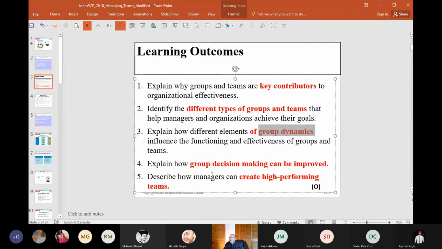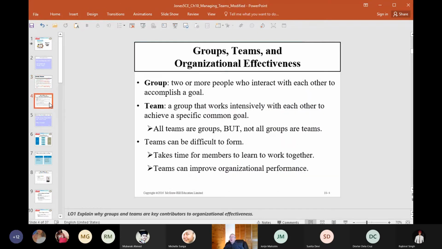Group decision making, how can we improve it? Some insight on that. And we're going to look at how managers create high-performing teams. Can we make better teams? That's the normal outcome from this course.